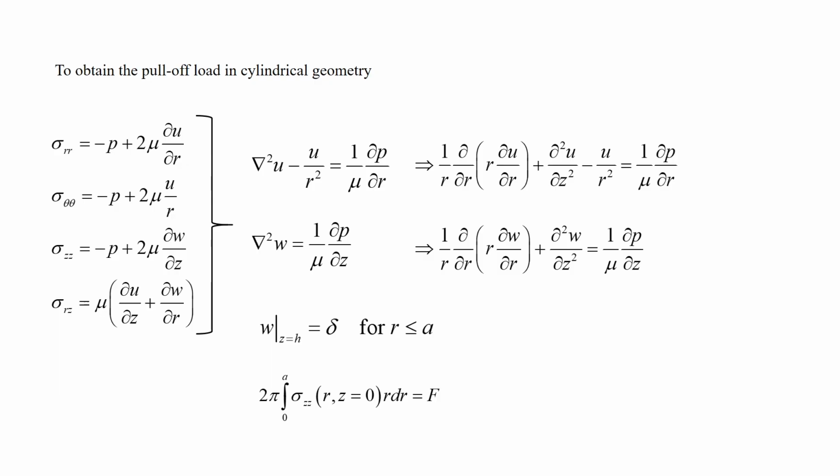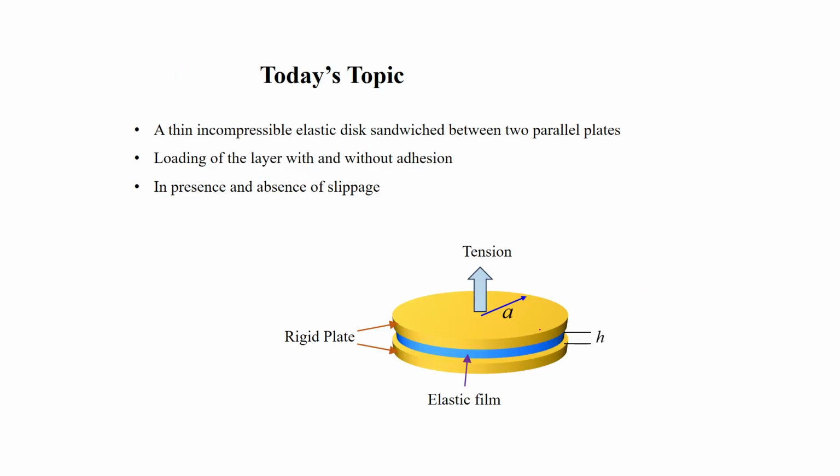To obtain the pull off load in the cylindrical geometry, we first have to solve the stress equilibrium relations. The stress equilibrium relation in the cylindrical geometry is given by this. Remember, we have theta symmetry: r is along this direction, z is along this direction, and theta is in these directions. So this is the theta symmetric case.